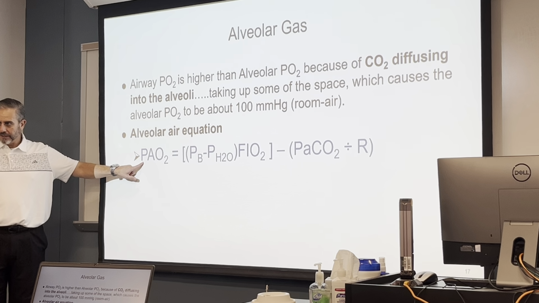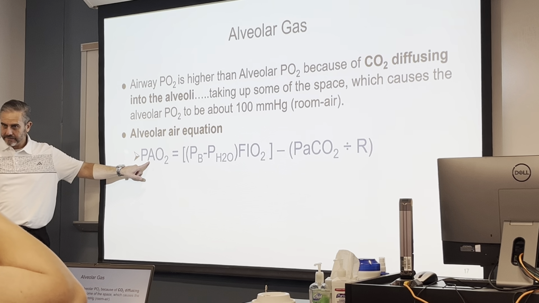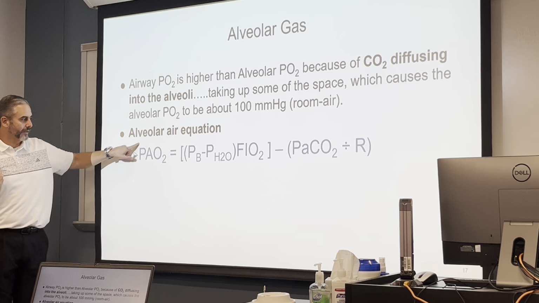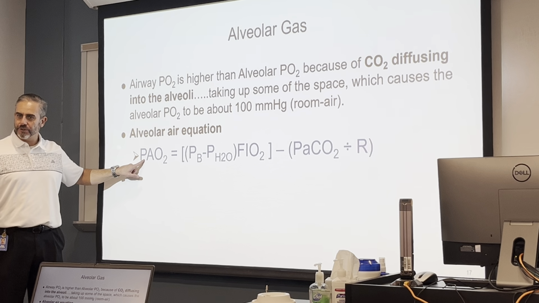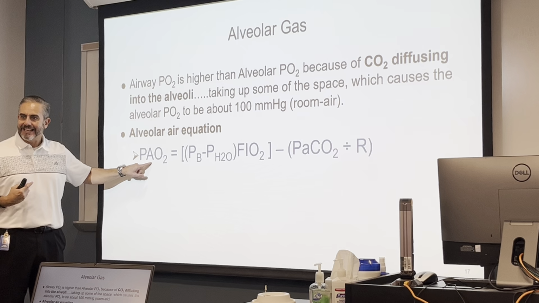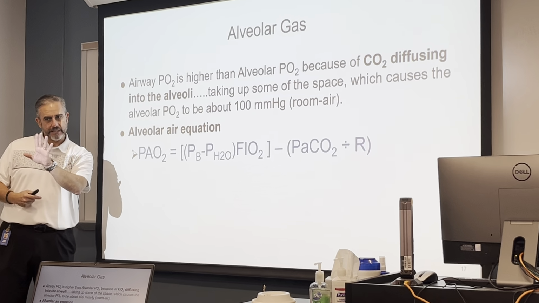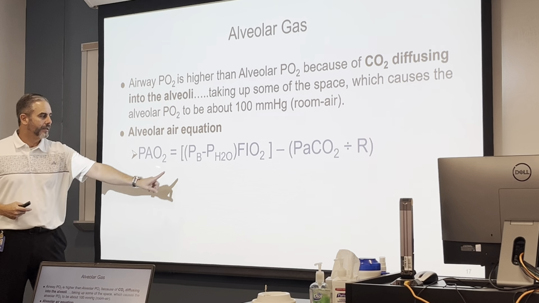So P, partial pressure, big A stands for alveolus, O2. So when I say, what's the PAO2, I want to know how much oxygen is where? In the alveolus. As you look at the calculation, you may say, hey, I recognize some of that.